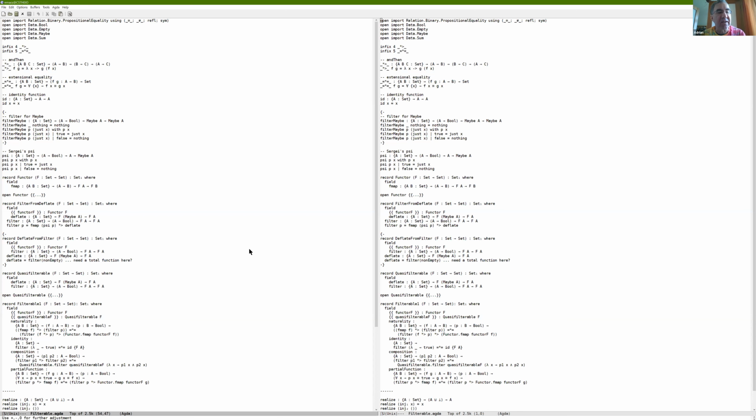Give me a second. Yeah, I had started to do something in Agda, trying to do some proofs about filterable, and I had not gotten very far, and I said that I would get farther for this meeting, but then I immediately got stuck.